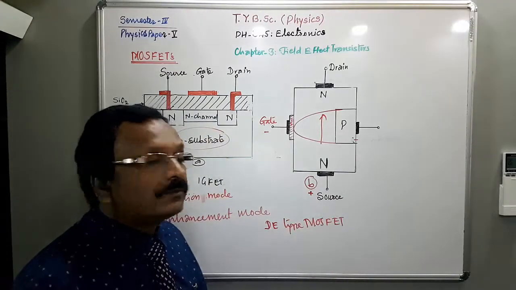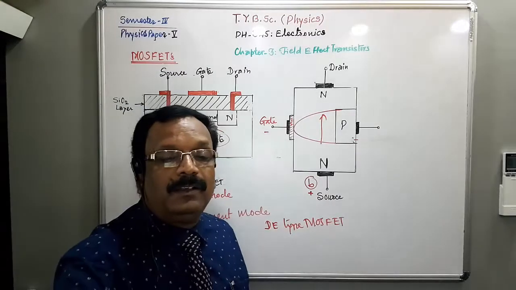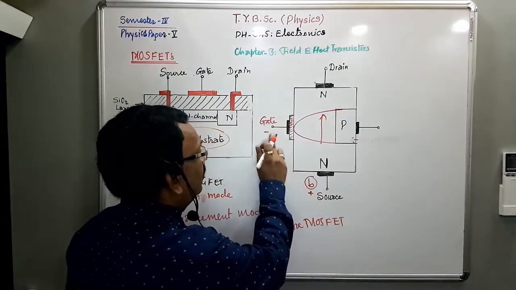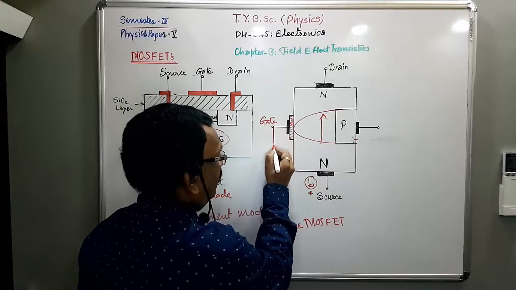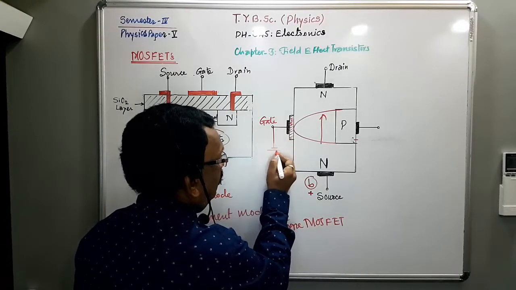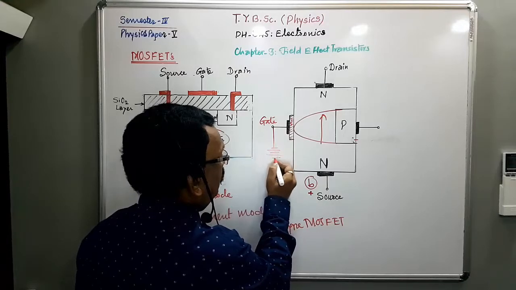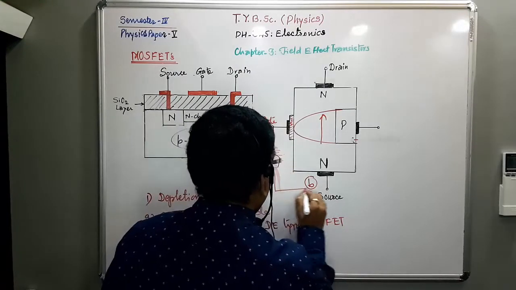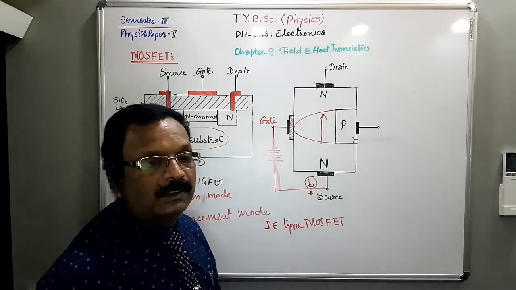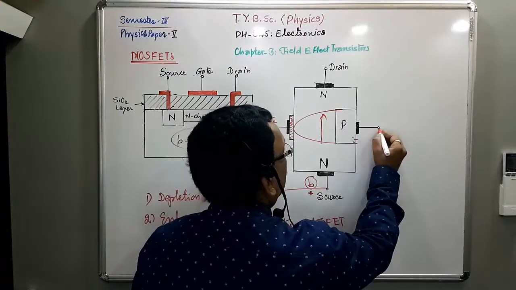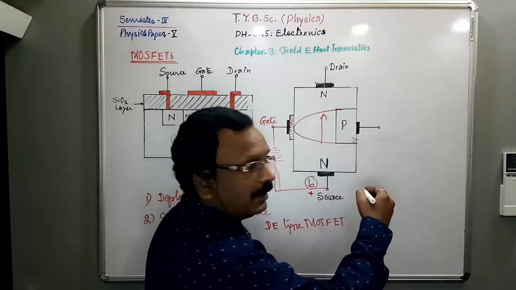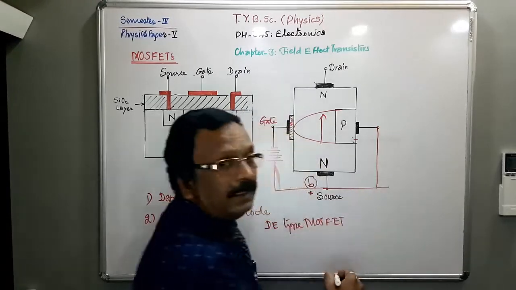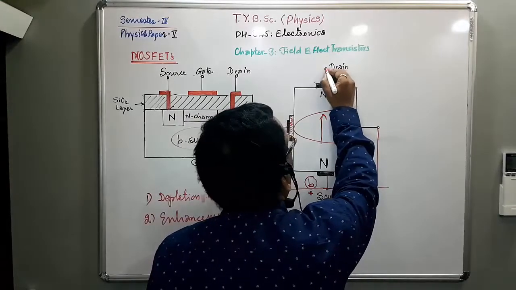See here in this figure, firstly we connect the gate to the negative polarity of the battery. One of the connections is made here, and there is another battery in between.